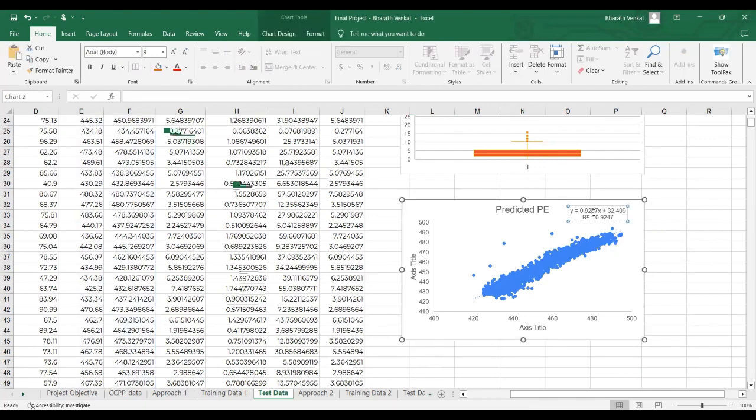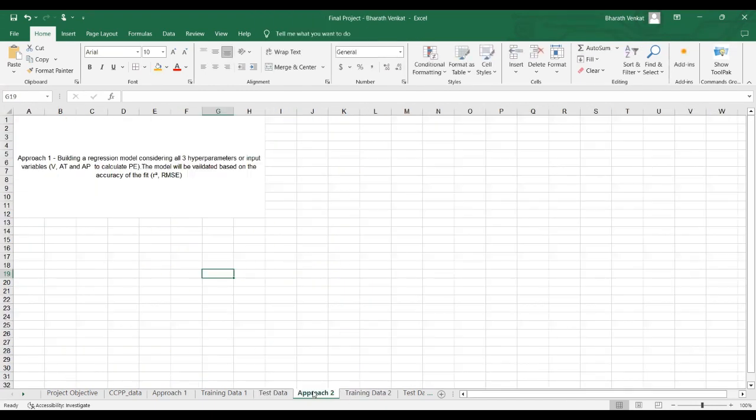You can see it's almost a straight line, y equals mx plus c, and the R square is also pretty strong. There's a pretty strong correlation between the predicted PE and the actual PE. So it's good to say that this was a good model, and this is a good approach to take. But let us move ahead and take the next model and see how those values have come up.